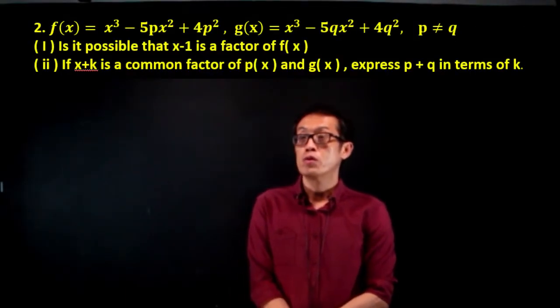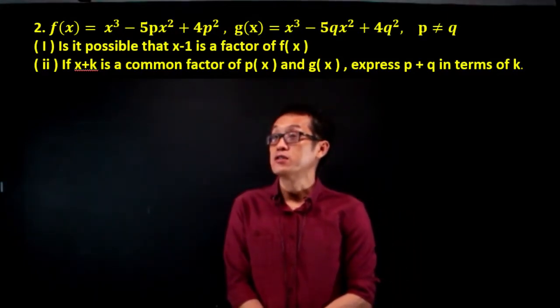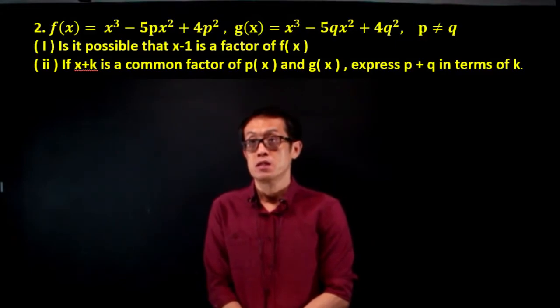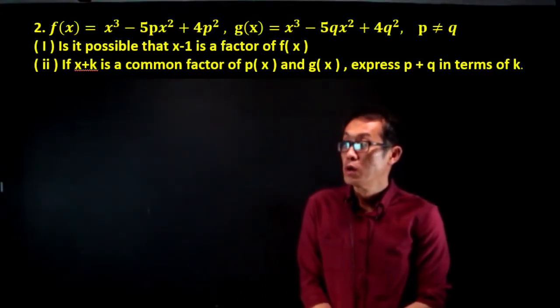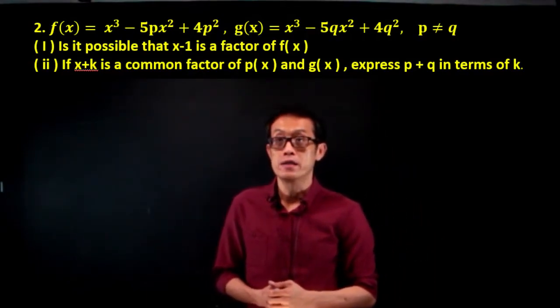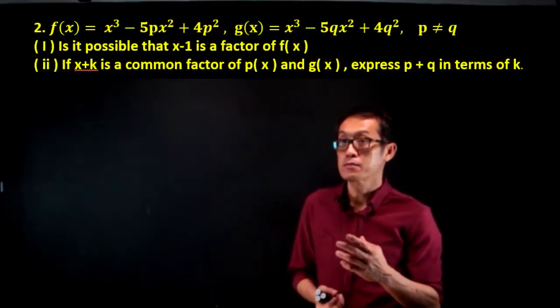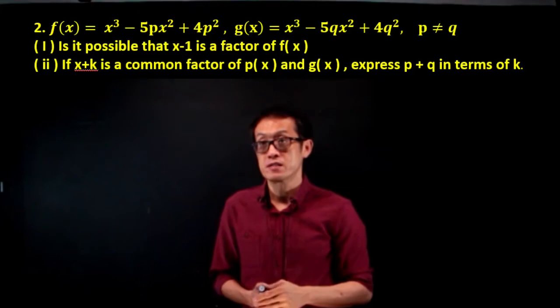Question 2, you are given the expression of two functions f of x and g of x, where p does not equal q. Now they ask you whether it is possible that x minus 1 is a factor of f of x.